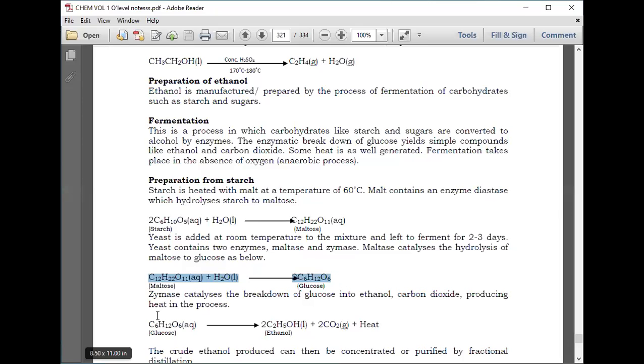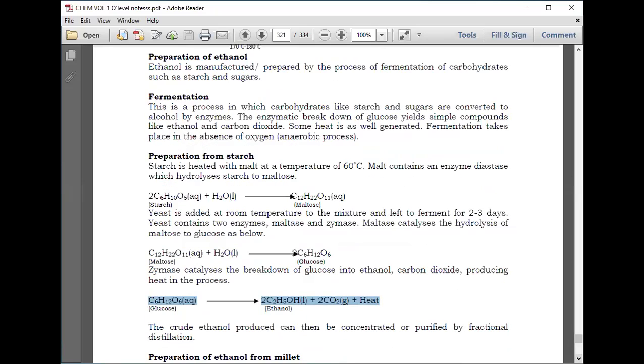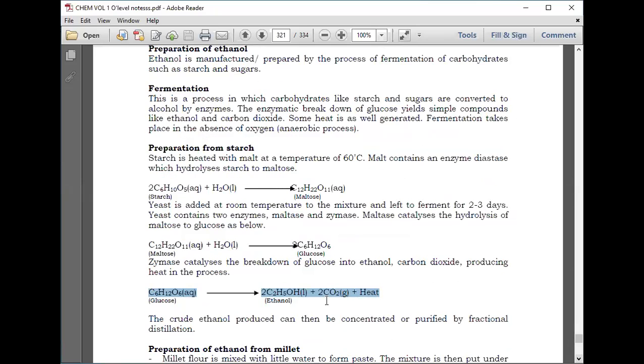Sometimes they tell you to start from this equation, which is ethanol, and the enzyme there is zymase. Zymase is the one that converts glucose to ethanol. So these are the three equations. Now this ethanol that is obtained is not pure and can be purified by using fractional distillation.